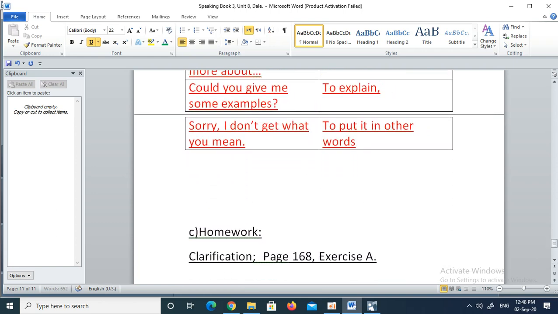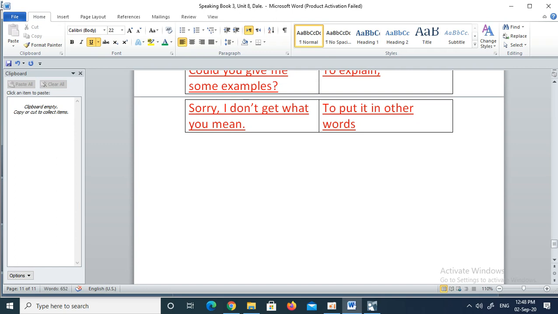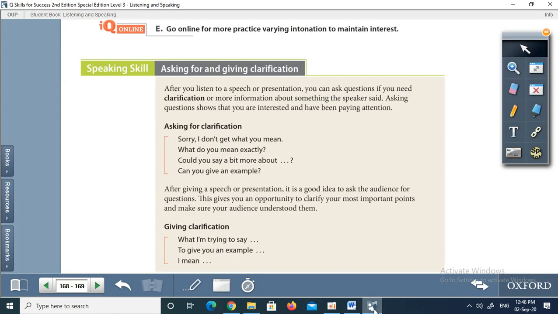Now, the book does not give quite so many examples, and the ones that they do give are here. So the ones that they are using are, sorry, I don't get what you mean. What do you mean exactly? Could you say a bit more about, or can you give an example?